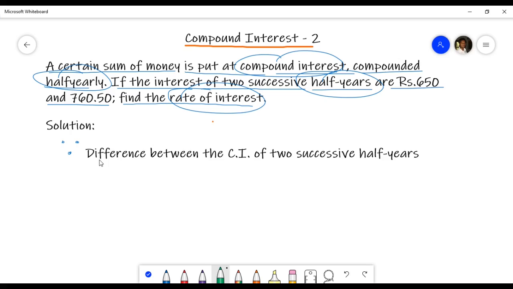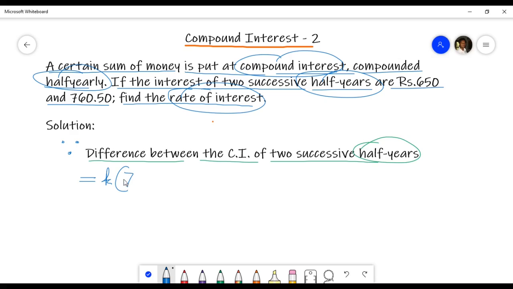First we need the difference between the compound interest of 2 successive half years. How will we calculate it? It's already given in the question, we just have to subtract to find the difference.